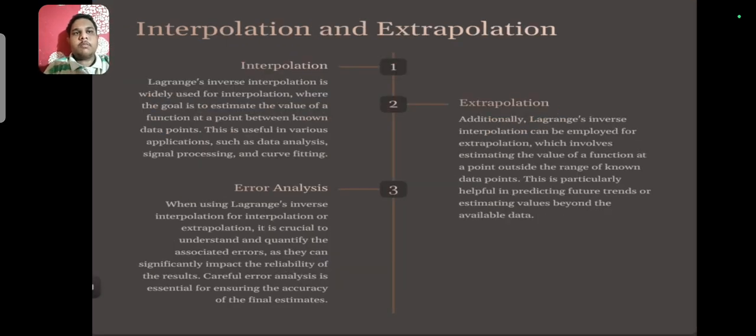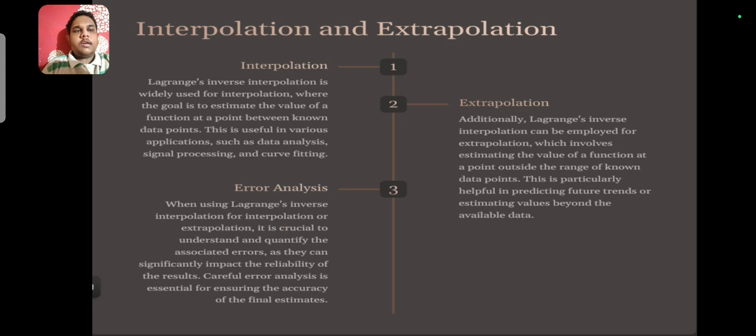Interpolation and extrapolation. Interpolation. Lagrange inverse interpolation is widely used for interpolation where the goal is to estimate the value of a function at a point between known data points. This is useful in various applications such as data analytics, signal processing, and curve fitting.